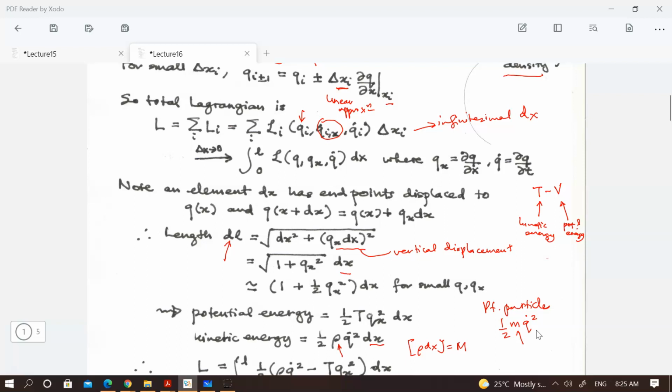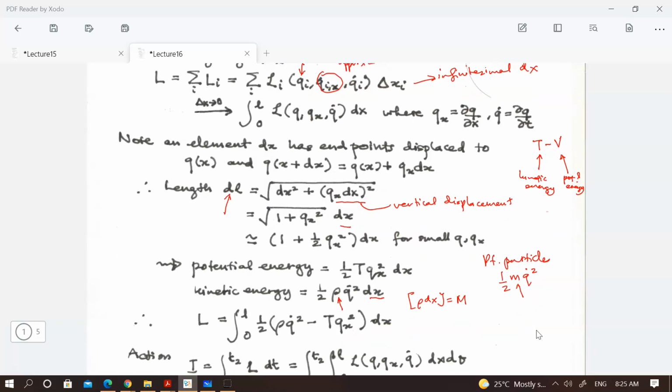by taking the power series of this square root. When you take the power series, this becomes 1 plus half q_x squared. Remember, this is the derivative here. Okay, 1 plus half partial q partial x squared times dx, and this will approximate the length of the string for small dx.